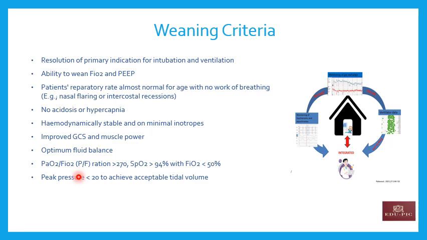The PaO2 to FiO2 ratio is more than 270, and the saturation is 94 and above on FiO2 less than 50%. The peak pressure on ventilation is less than 20 to achieve an acceptable and good tidal volume for age.